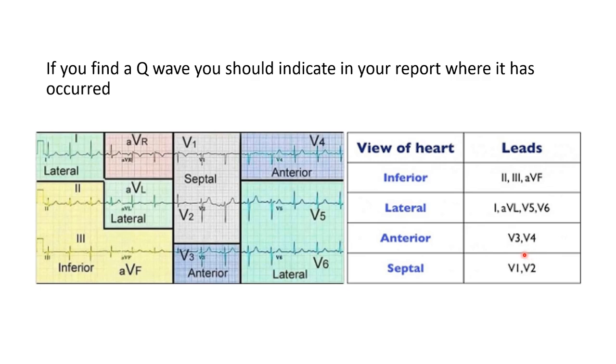Anterior is V3, V4, and septal is V1, V2. If you happen to see V1 to V4, then you can say it's anteroseptal. So it's important to remember this, do memorize it, and be sure to mention it because they do expect that from us during the credit.